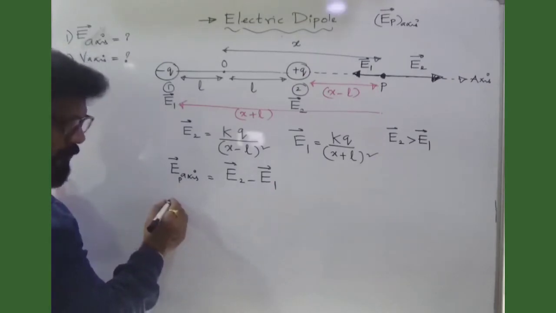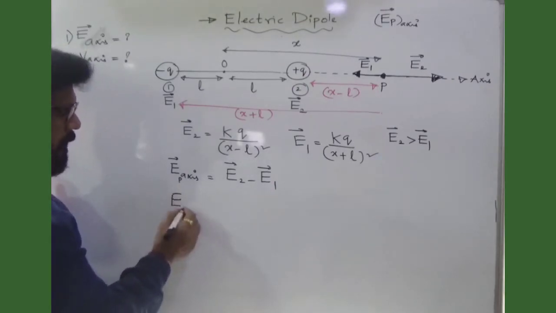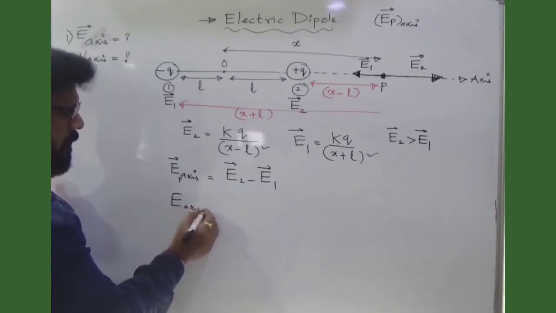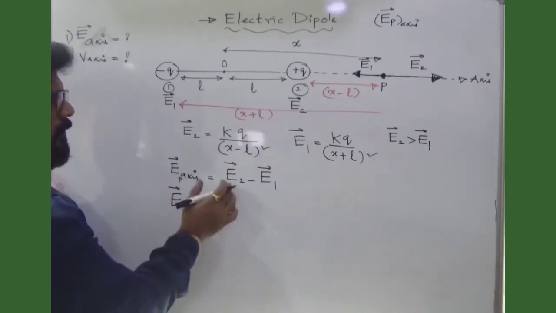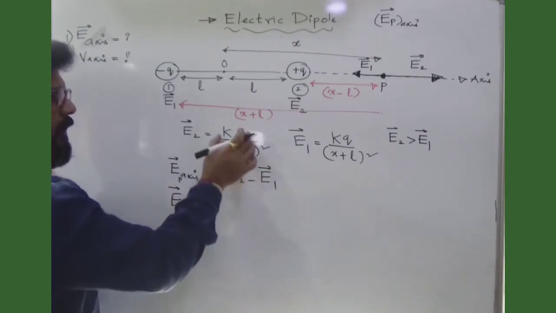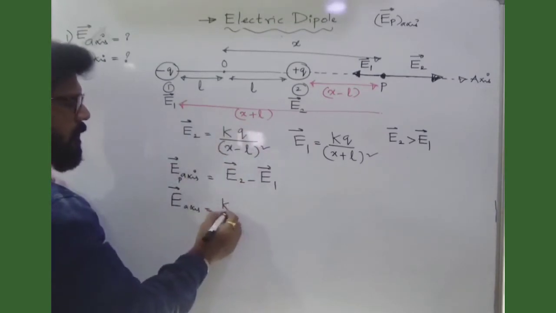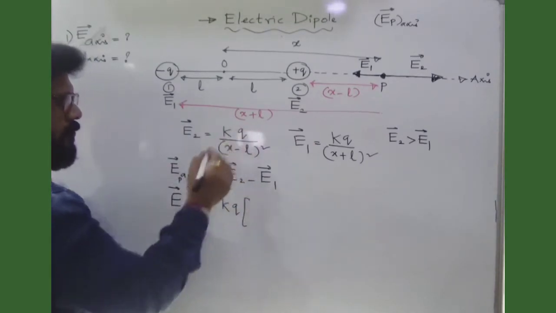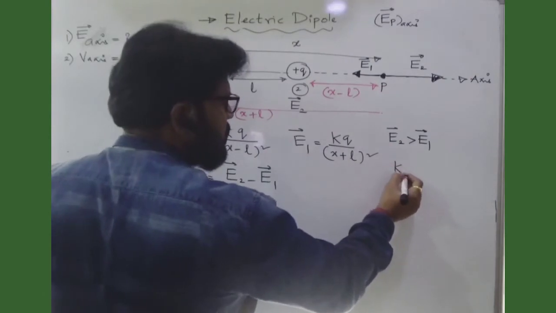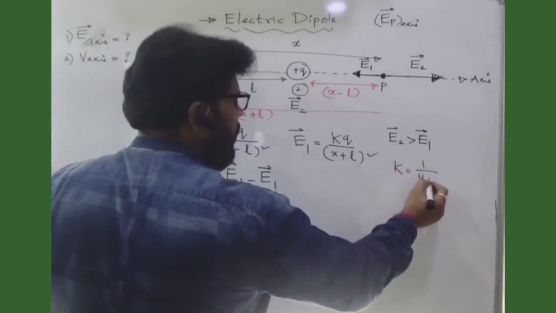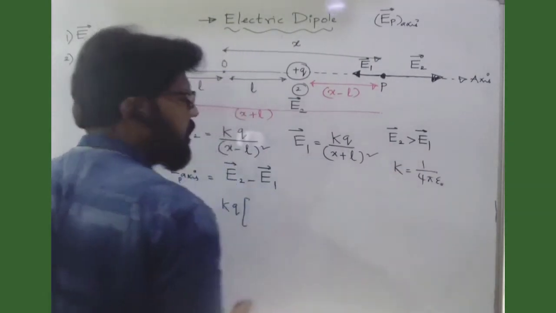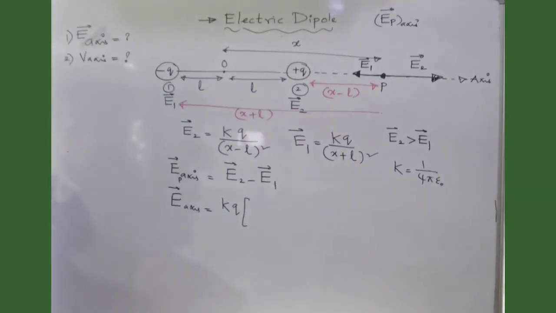So E net, E on the axis equals E2 minus E1. I can take KQ as common. Do you remember what K is? K is nothing but 1 by 4 pi epsilon naught, and you even know the value, 9 into 10 to the power of 9, and you can put the units for it.